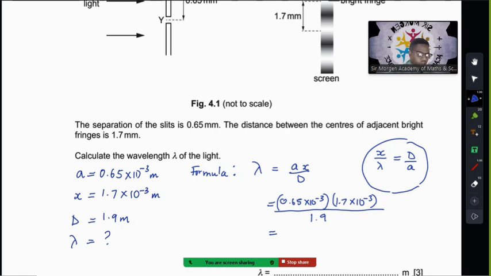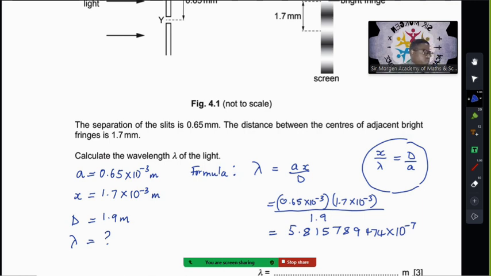I have 0.65 times 10 to the power minus 3, multiplied by 1.7 times 10 to the power minus 3 as well, all over 1.9, equals, I'm getting 5.81578 9474 times 10 to the power minus 7.